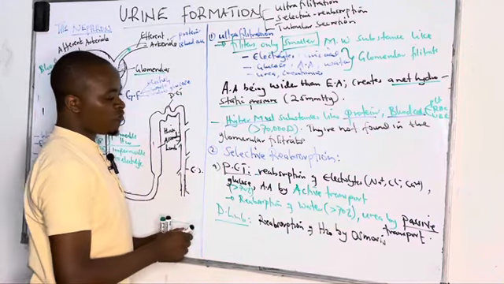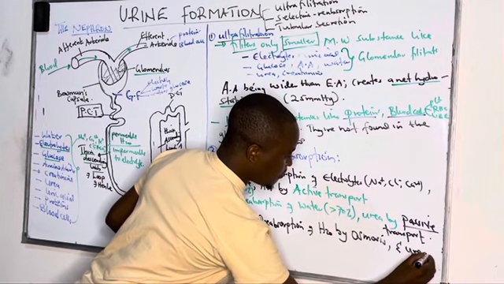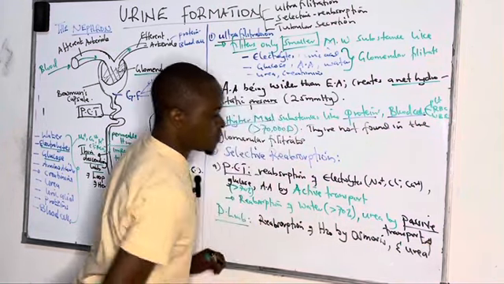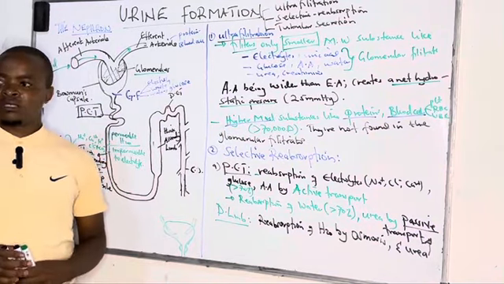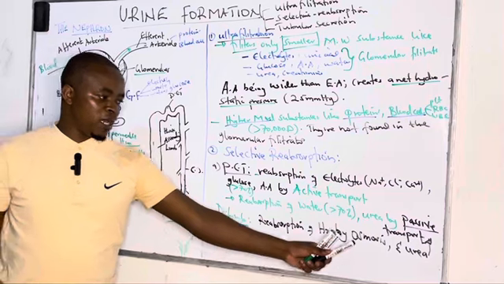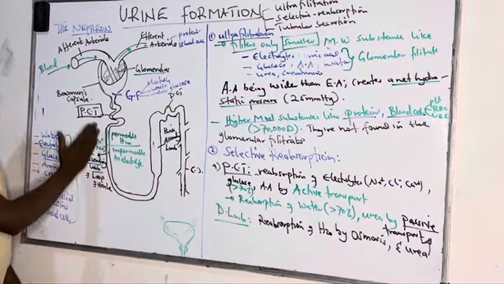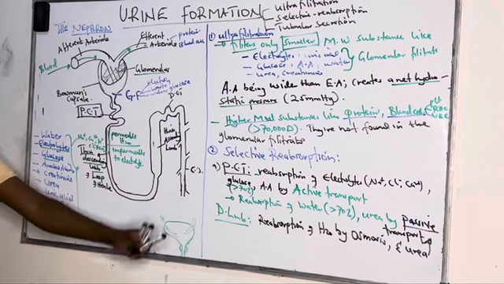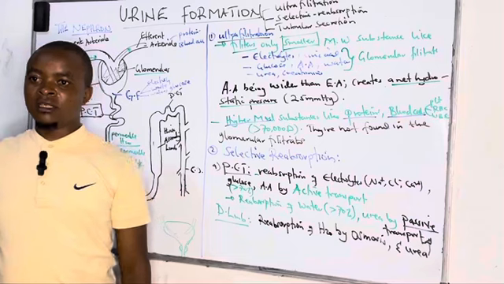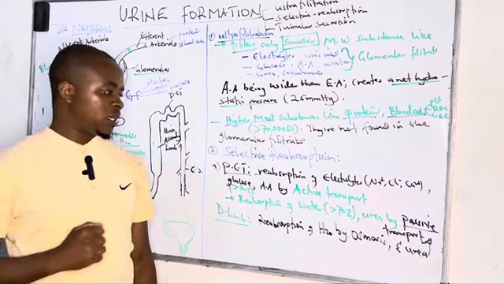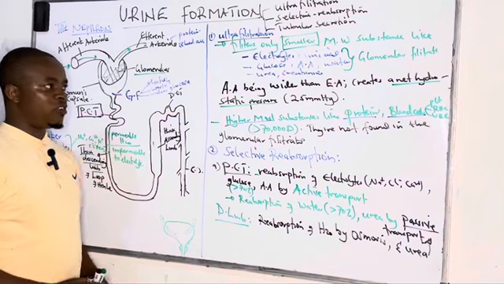So we see reabsorption of water by osmosis and urea by passive transport. Urea is passively reabsorbed, whereas water is reabsorbed by osmosis. We are saying that it is only permeable to water through aquaporins, but urea is smaller in size, so it freely moves out and freely comes in. That is how urea is. So that is what we talk about under the descending limb of the loop of Henle.